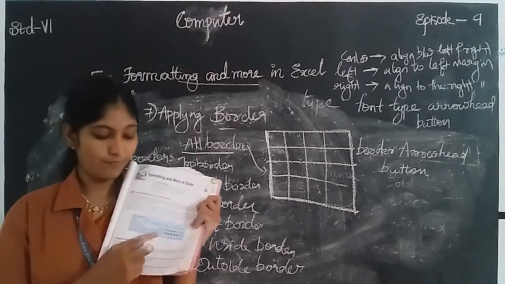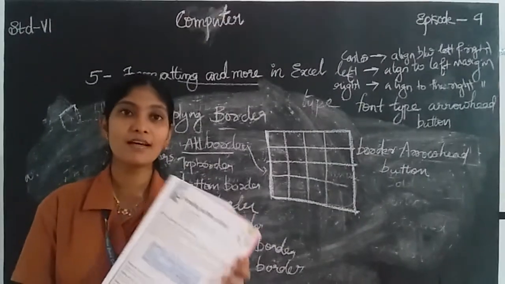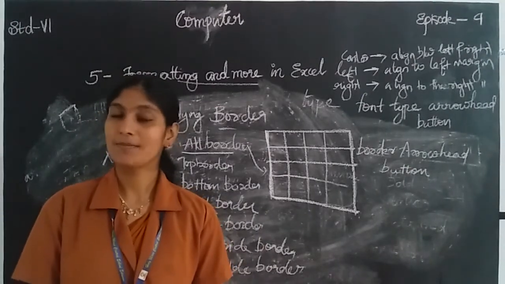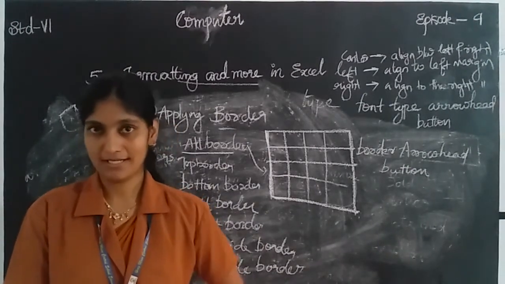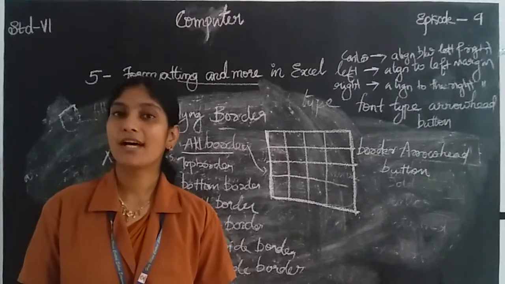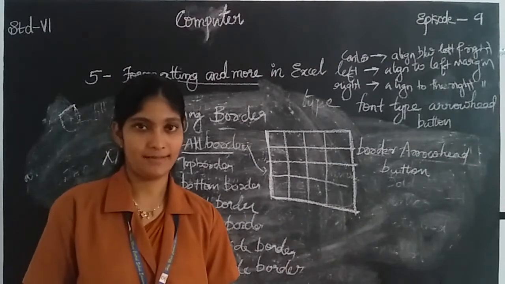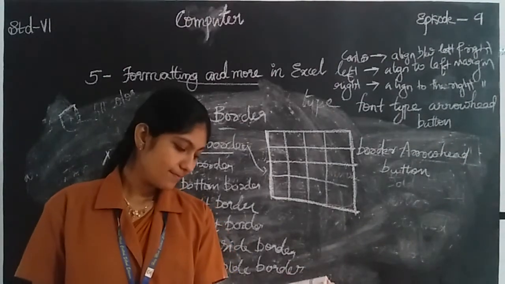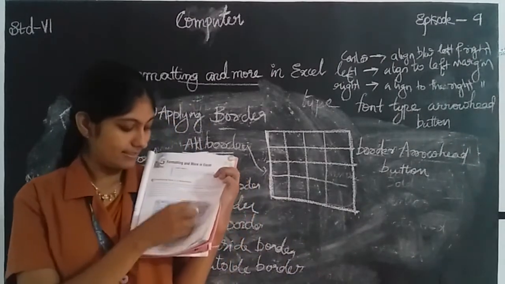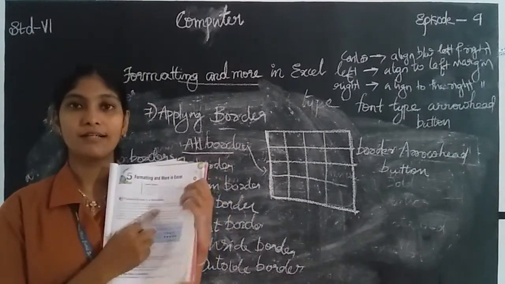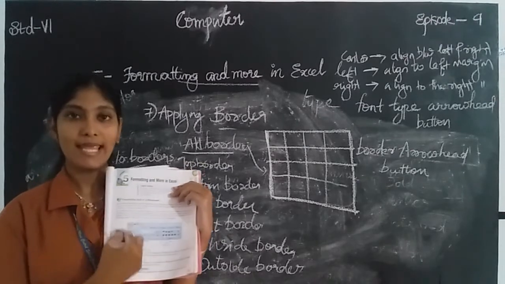here is the font type arrow button. You can select the font type from the font type arrow button, and then finally it will be changed to your selected font type. Second one is, so here this is the top portion or toolbar in Excel.